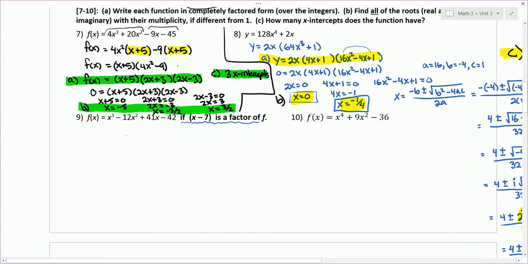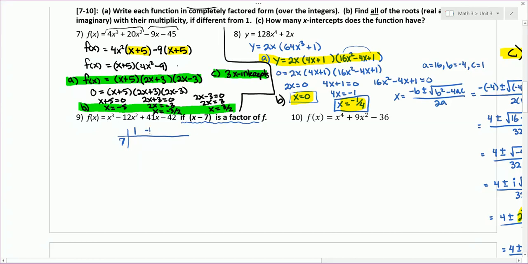So to set up our synthetic division, we're going to put a 7 from the x minus 7. Using the opposite, we had x minus 7, here we're using a positive 7. And then a 1, which is the leading coefficient of x cubed.